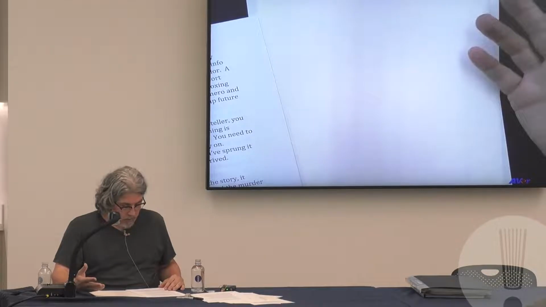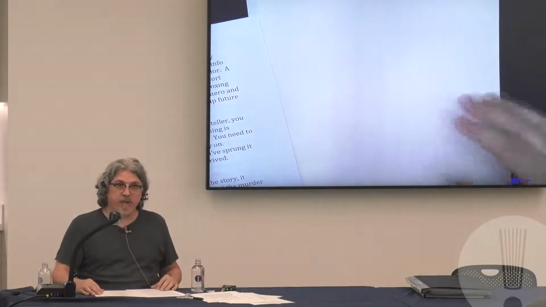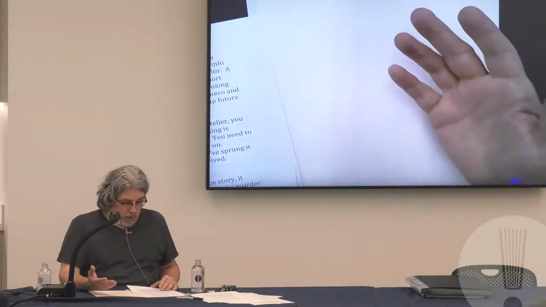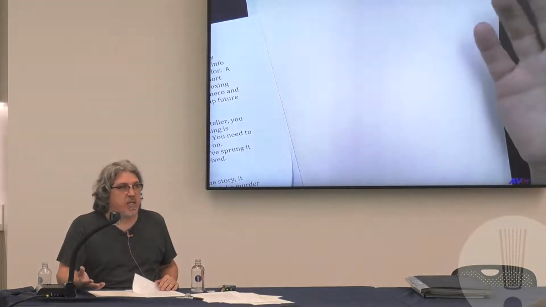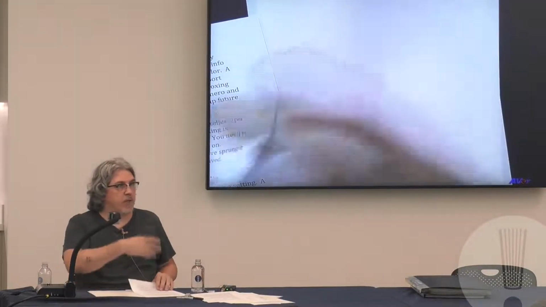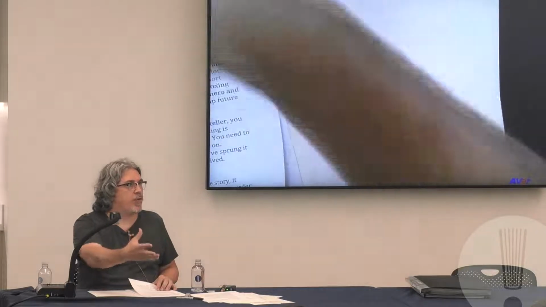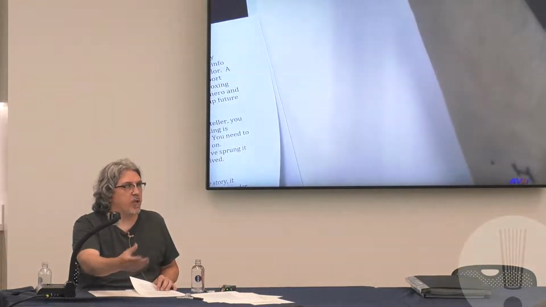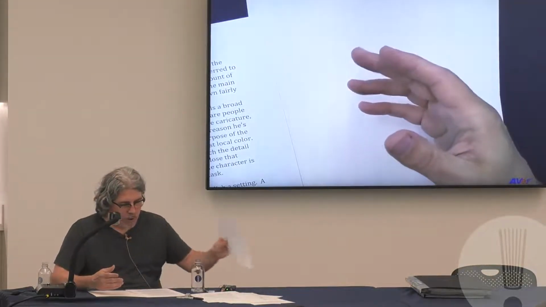And the reader needs to see the vase. It doesn't need to be front and center, but it needs to be seen. Again, so that when it shows up later on, it's like, oh, this is a story element. You need to establish all those earlier on.